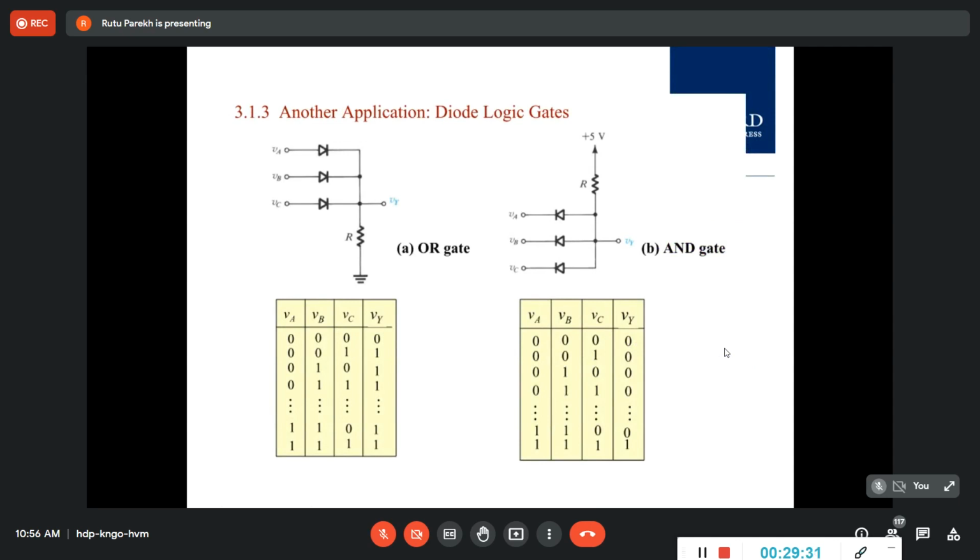So using that you can make logic circuits, but we don't do so, right? Because now all the digital circuits are in integrated circuits, and all these integrated circuits are made up of transistors, MOSFETs.